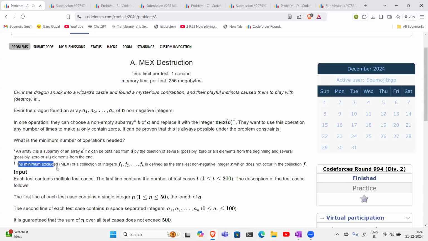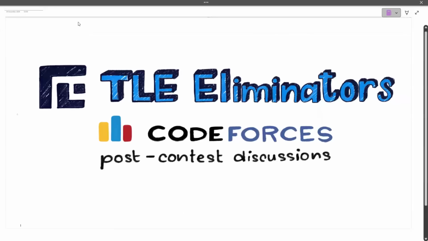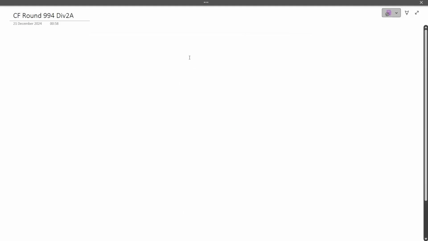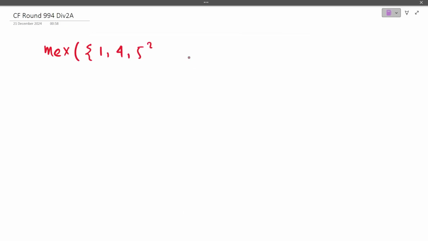It says that the minimum excluded value, the MEX, of a collection of integers f1 to fk is defined as the smallest non-negative integer x which does not occur in the collection. Let me explain the problem statement once. First, let us be clear about the definition of MEX. The MEX of a set of numbers is the smallest non-negative integer which is not present in this set.